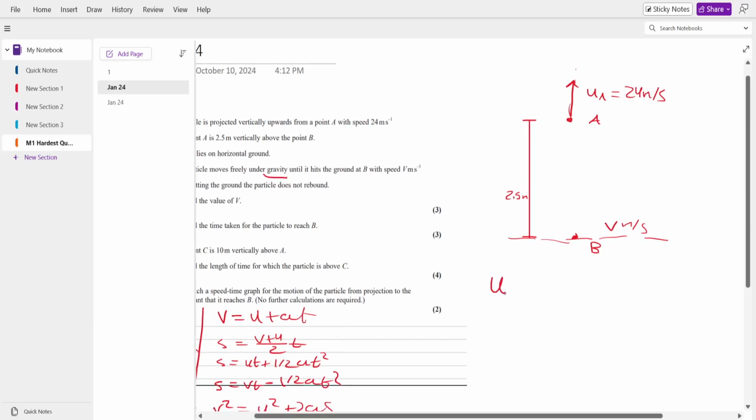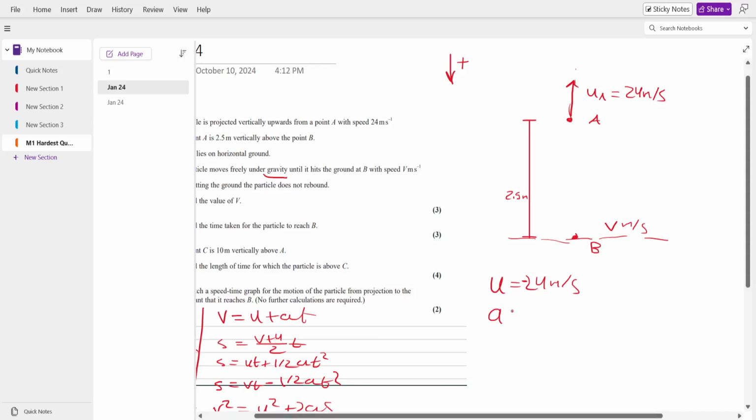We have u as 24 meters per second, and in this example I need to denote that I'm taking down as positive. So I know that my u is acting upwards, so it's going to be a negative value.